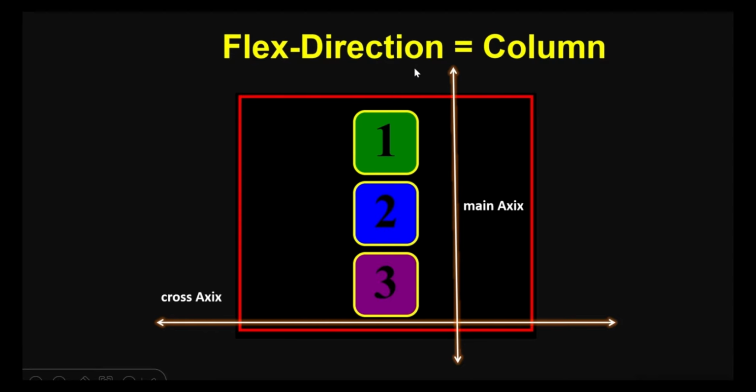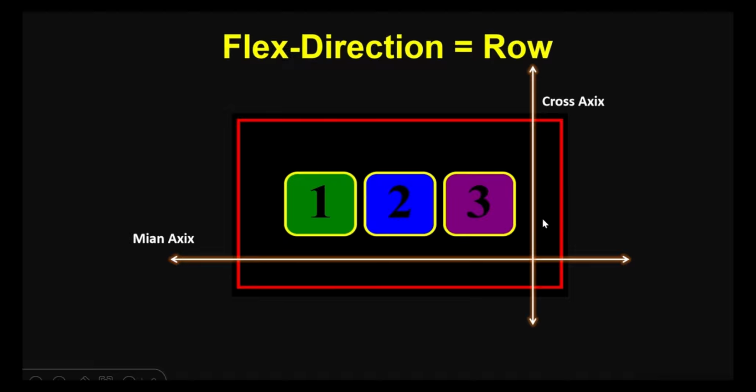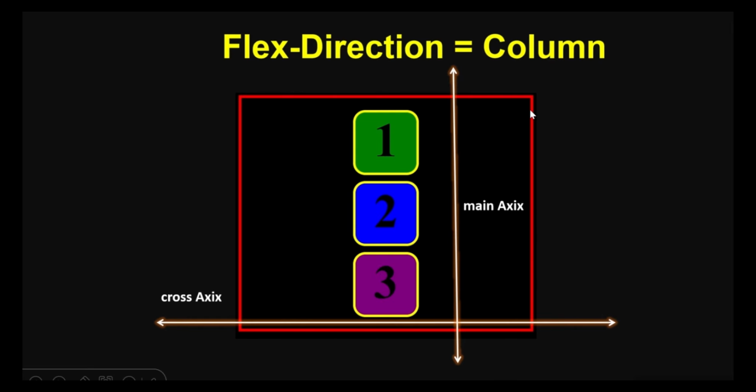If the flex direction is column and the items are arranged vertically, then the vertical axis will be the main axis and the horizontal axis will be the cross axis. So the main axis depends on the direction. If the direction is row, the horizontal axis is the main axis. If the flex direction is column, the vertical axis will be the main axis and the horizontal axis will be the cross axis.